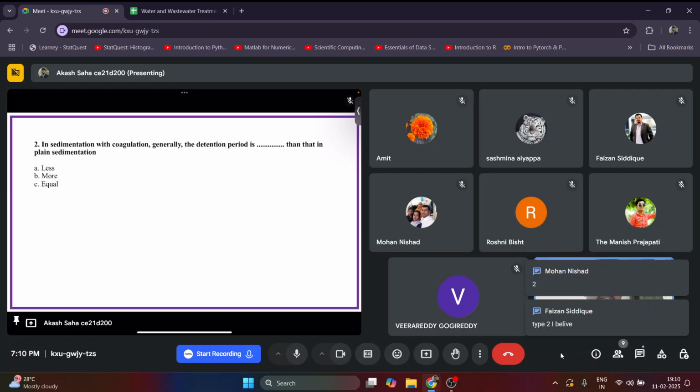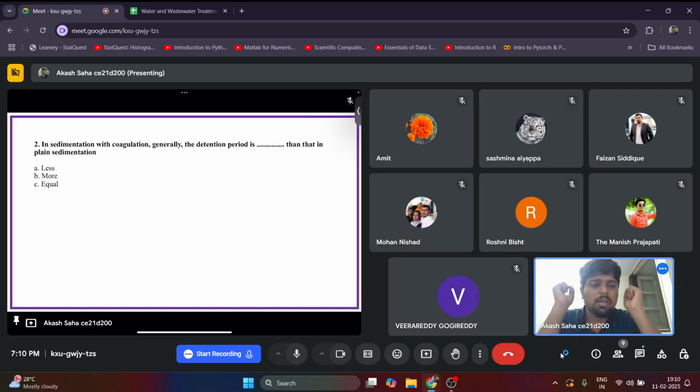So if type 2 settling is happening, think about the detention time. I just told you that if coagulation is happening, the particles will come close to each other, and the size of the particle will increase. If the size is increasing, the settling velocity will also increase. So if settling velocity is increased, what about the time?